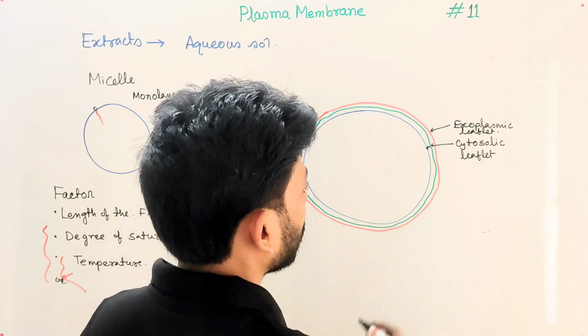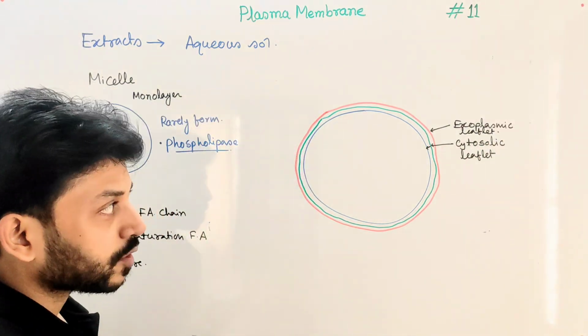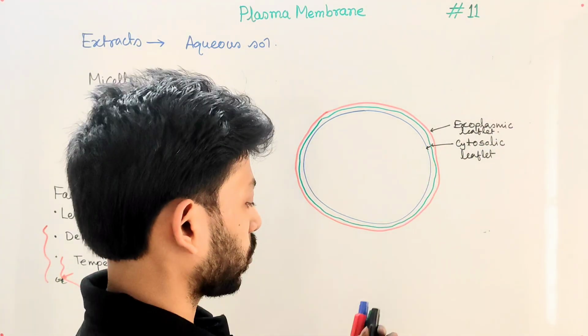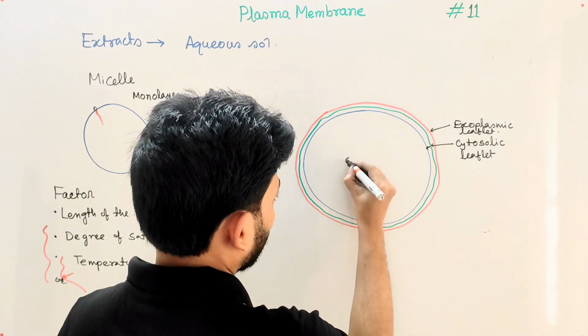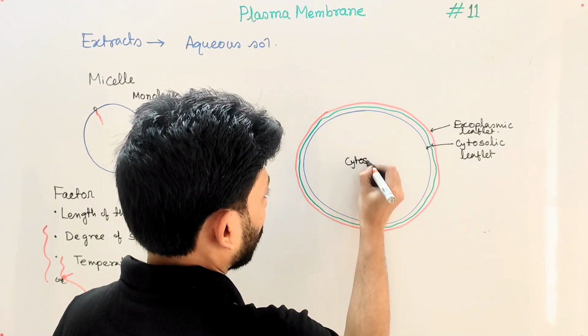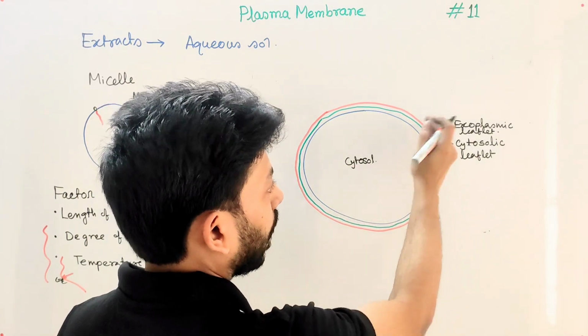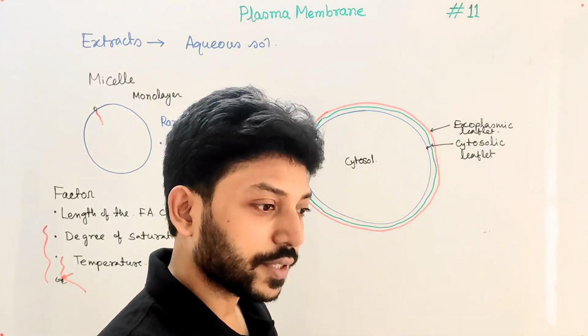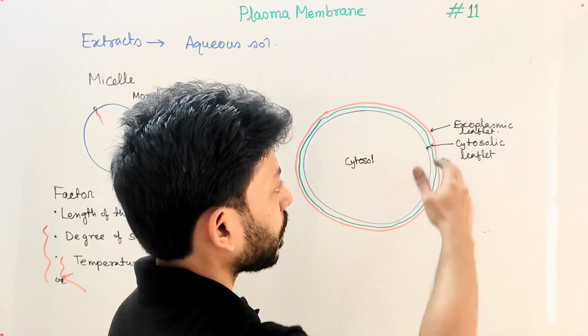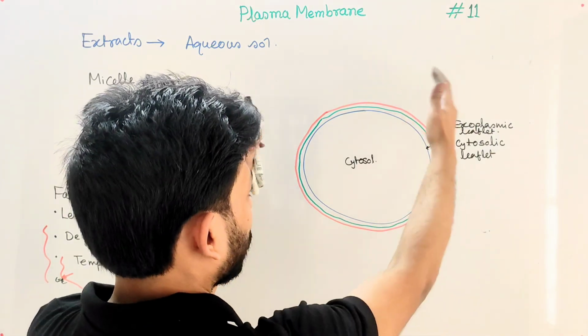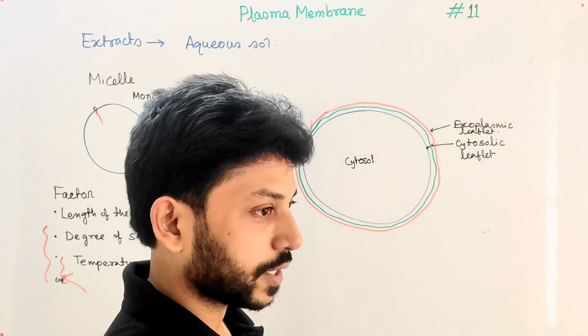Now, why is it called the cytosolic leaflet? Because it faces the cytosol, because this is the cytosol. So as this layer faces the cytosol, it's called the cytosolic leaflet, and the outer layer is called the exoplasmic leaflet. Named differently: exo means outer side, so it faces the outer side of the cell, so it's called the exoplasmic leaflet.